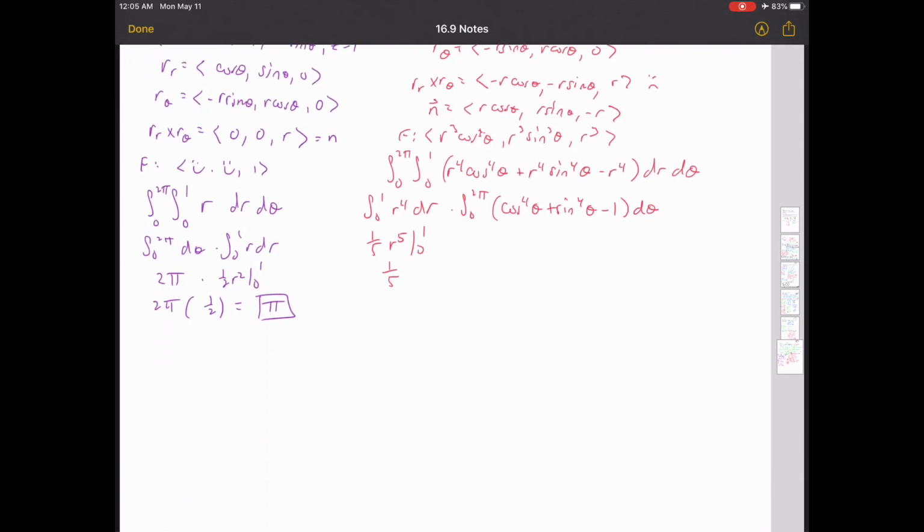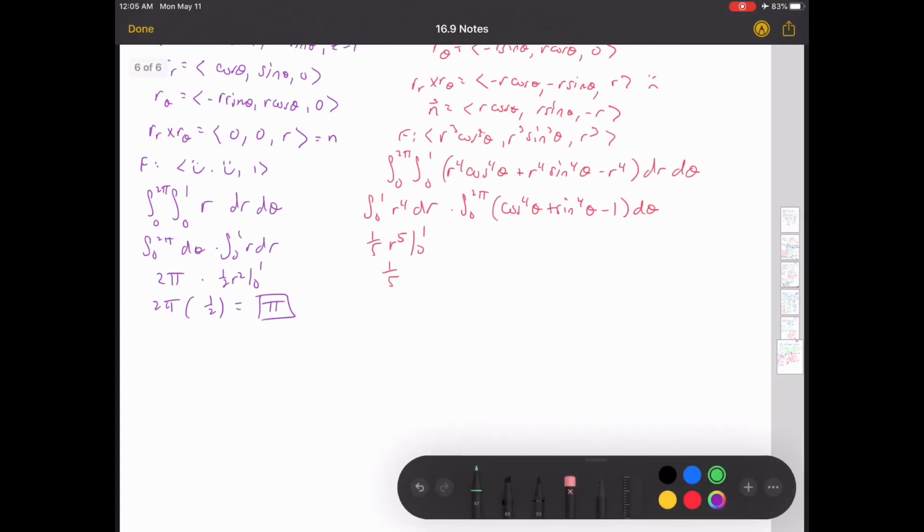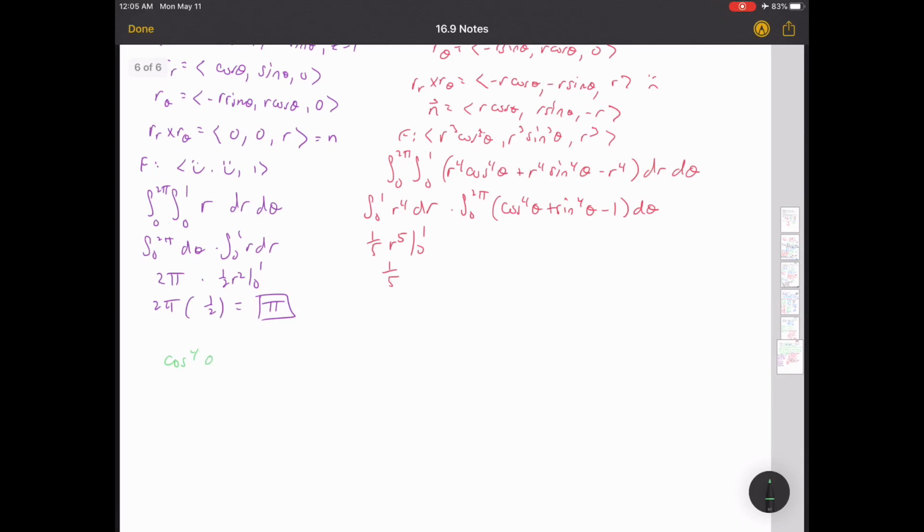Down here on the bottom, I'm going to go ahead and break down the cosine to the fourth and the sine to the fourth. This is where things get really messy. So cosine to the fourth theta is the same thing as cosine squared theta squared, which means I can break that down to be 1/2, using the reduction, 1/2 of 1 plus cosine of 2 theta, that whole thing squared.